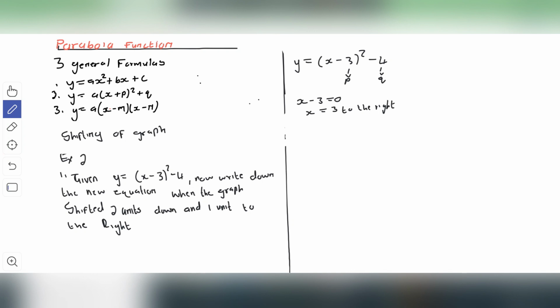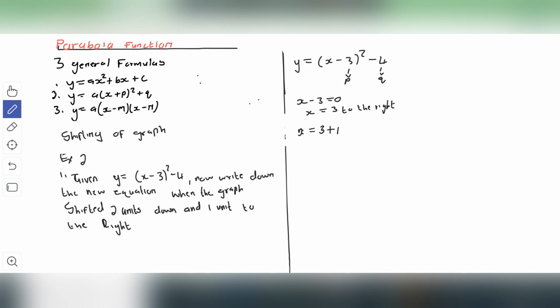Okay, that's what we need. 1 unit to the right, meaning positive. So therefore we're going to say x = 3 + 1. Why plus 1? Because it's going to the right, and whenever it's going to the right, it's going to the positive side. That's why we add.